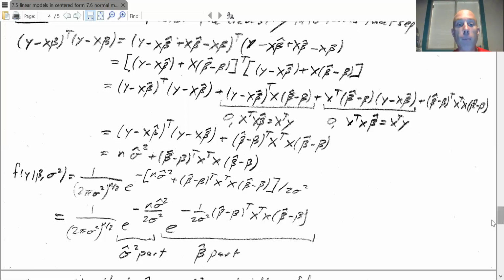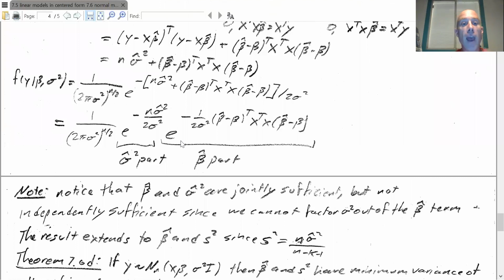Now, something that is important to notice is that here I don't have any betas going on, right? But when I look over here, I've got sigma squared. Because the sigma squared is in the beta hat part, that means that these are not independently sufficient.